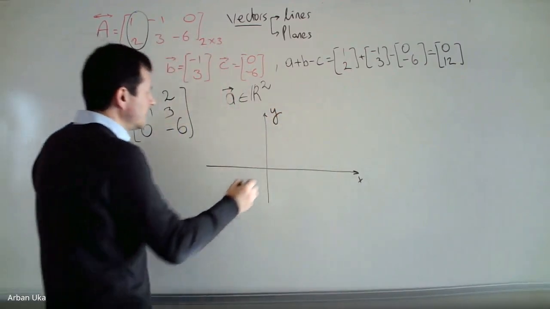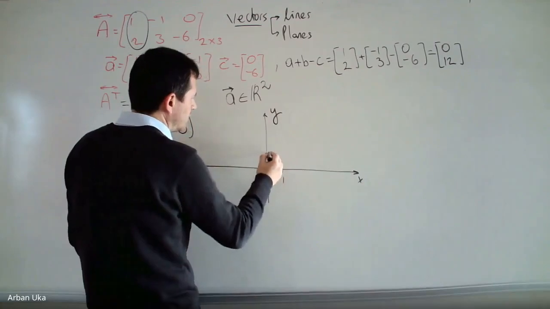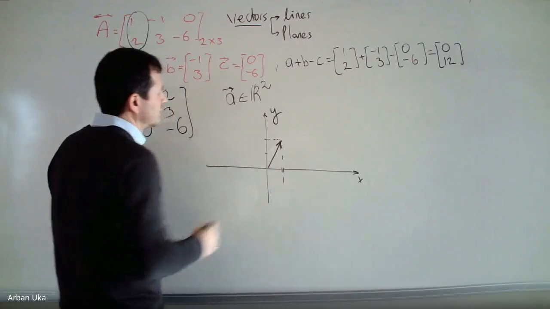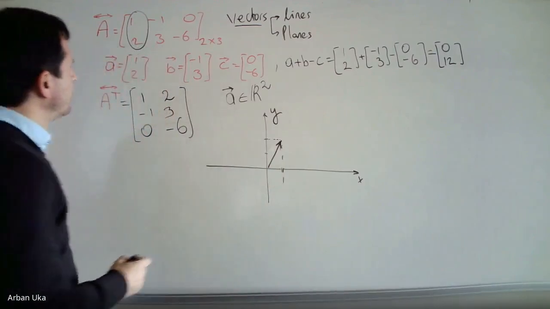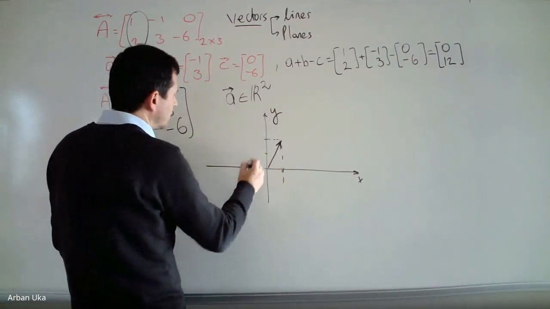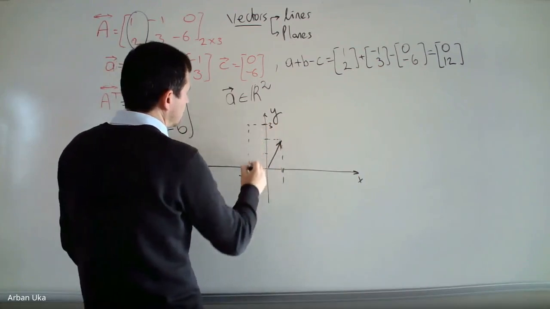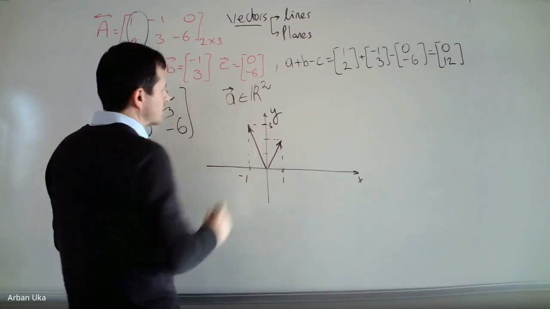For example, the vector A is 1, 2. We can find it right here, okay? Then we have the vector B, which is minus 1, 3. Minus 1, 3, we have 1, 2, 3, and this vector is going to be something like this.